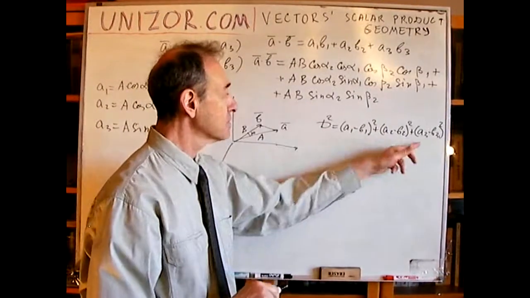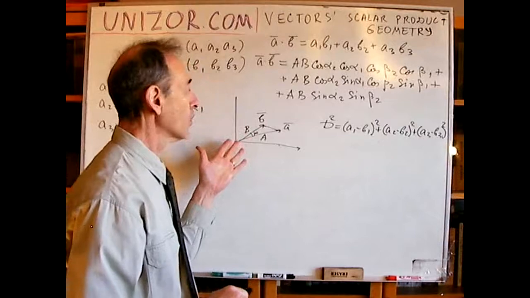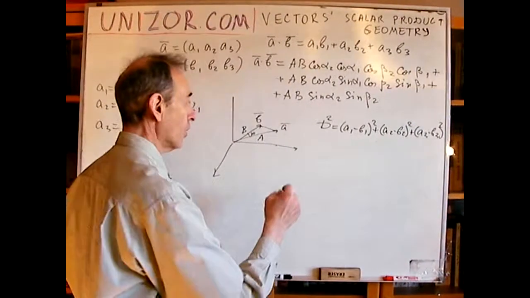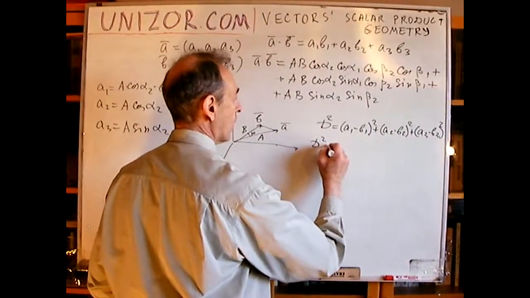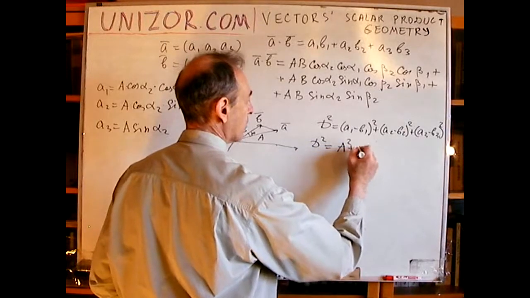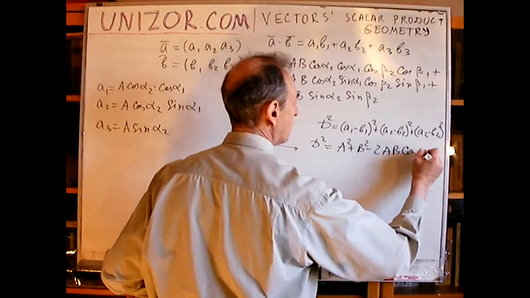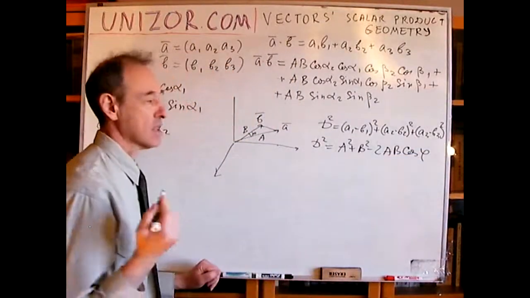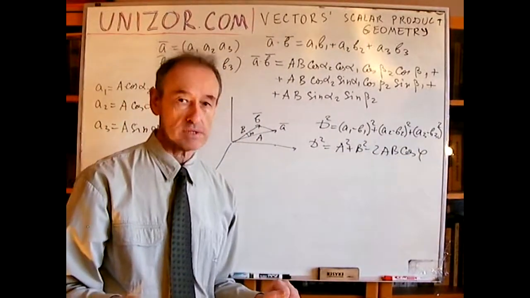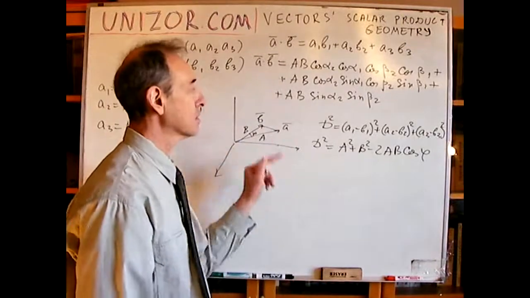So I will use this as the third coordinate, and I also know that d square is supposed to be a square plus b square minus 2ab cosine phi. Now this is the law of cosines for this particular triangle.